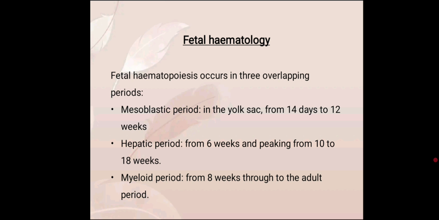The hepatic period follows, from 6 to 18 weeks, and the myeloid period is in the bone marrow from 8 weeks and throughout adult life. So these are overlapping periods. It starts with mesoblastic in the yolk sac, hepatic in the liver, and finally the myeloid period in the red bone marrow throughout adult life.